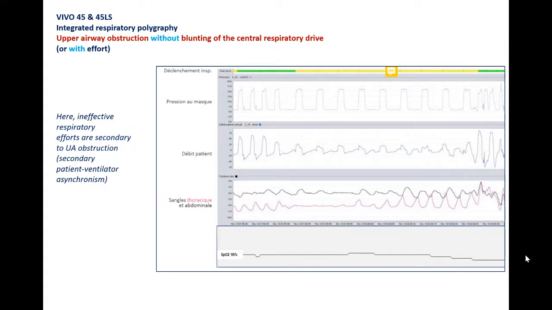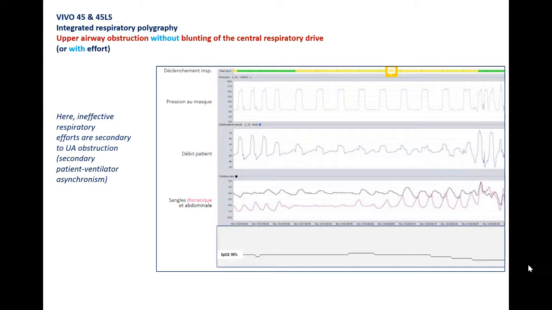Diagnosing the mechanism of the obstruction now needs us to look at the respiratory movements and look at the belts. As you can see, in the first part of the event, the belts are out of phase, and in the last part, they indicate paradoxical movements.